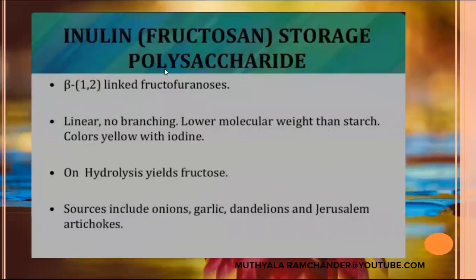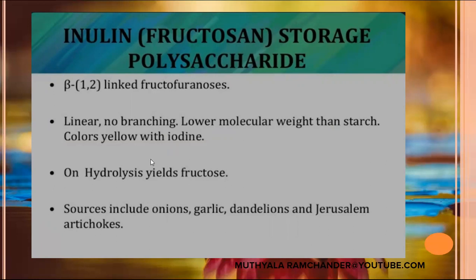And the next one is inulin. Inulin is also called fructosan. It is also called a storage polysaccharide. It is linked with beta 1,2 linked fructofuranoses. It is linear or unbranched, has a lower molecular weight than starch, and gives a yellow color with iodine.